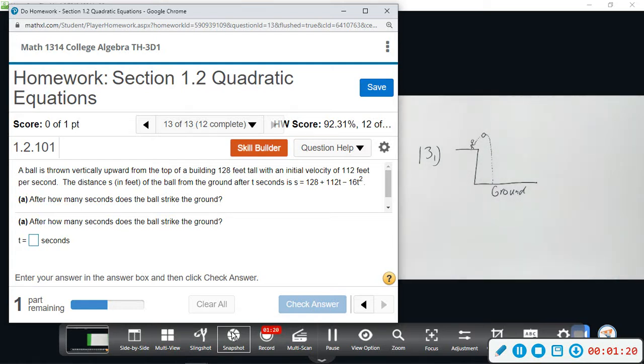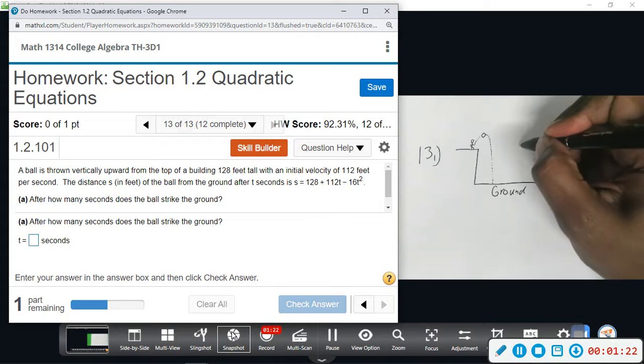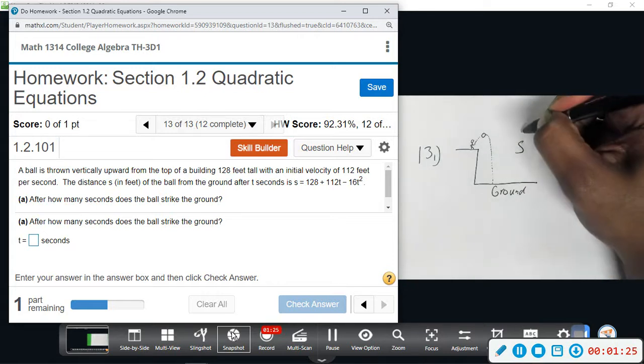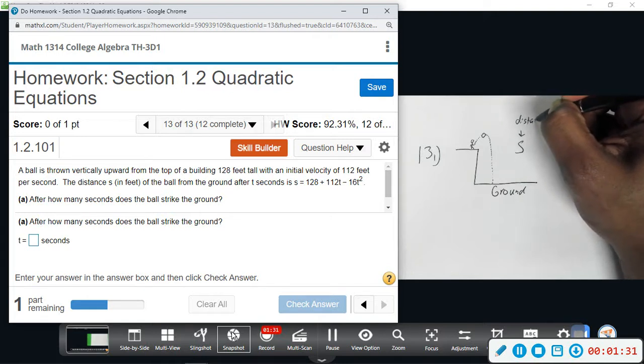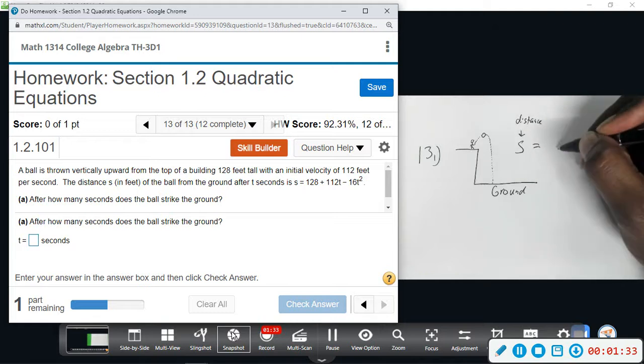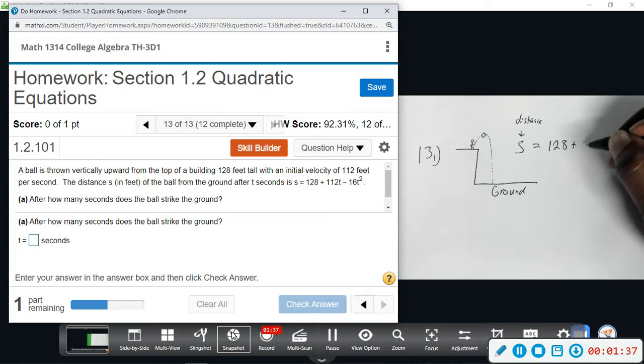All right. We're given this equation, S, and they told us S stands for distance. S is equal to 128 plus 112t minus 16t squared.